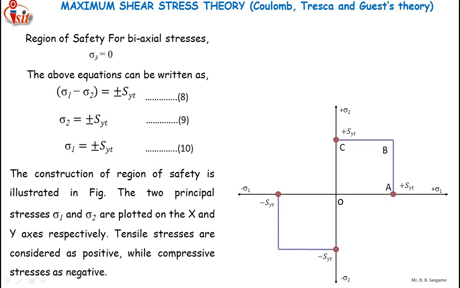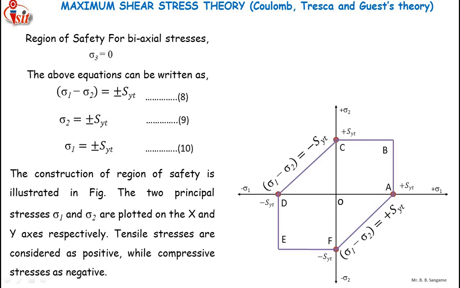At the intersection point I'm going to assign the names D, E, F. For the remaining second and fourth quadrants, I'm going to directly connect the points C to D and A to F, which represents sigma 1 minus sigma 2 equal to plus SYT, and this is minus SYT.